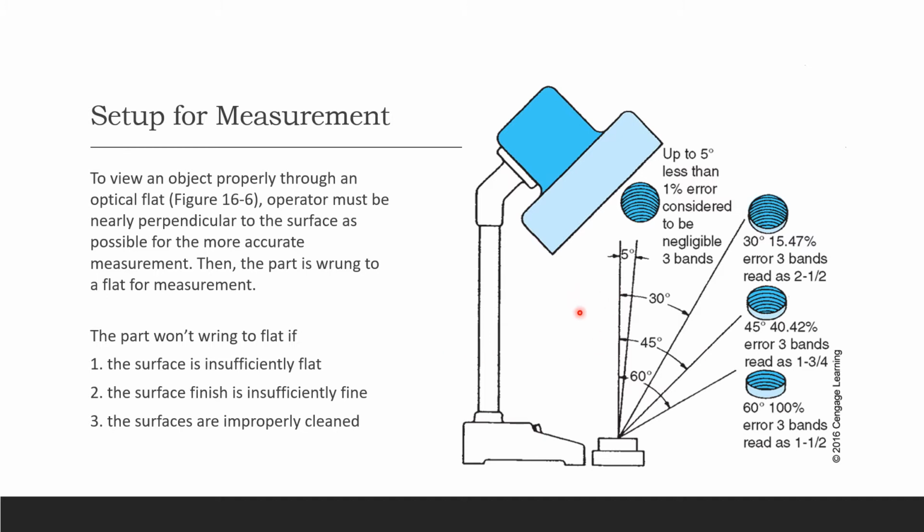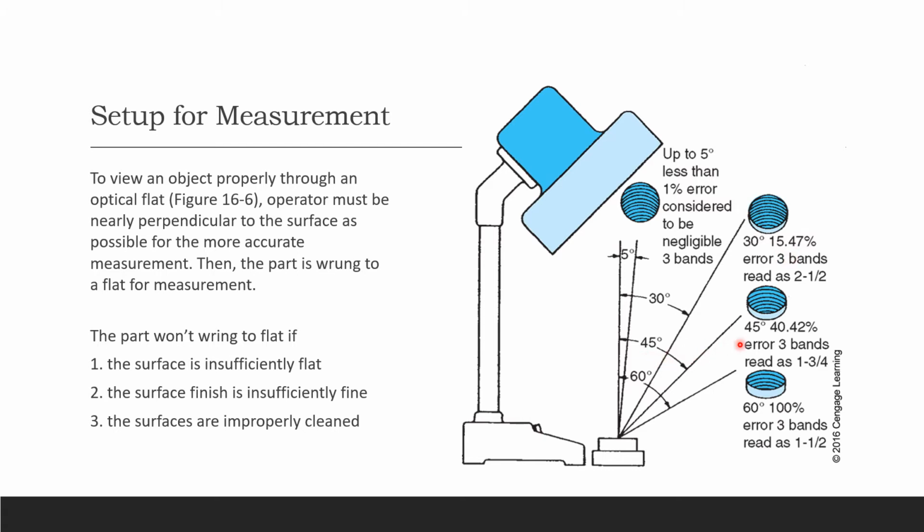So here you can see the smaller the angle, the more accurate the measurement is going to be. Here you start with 5 degrees, so you get 1% error. When you go to 30, you get 15.47% error.